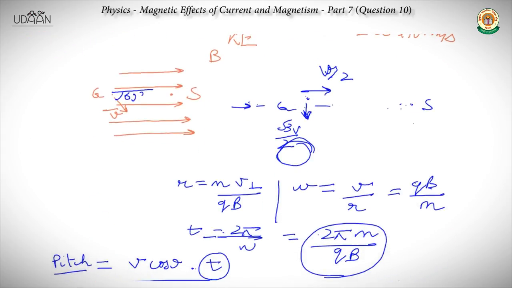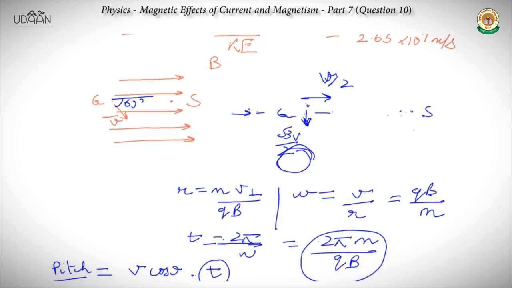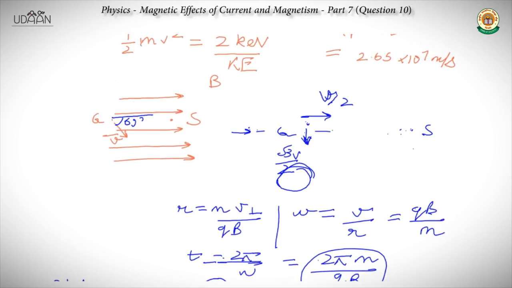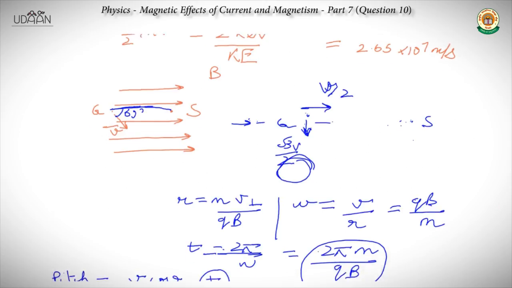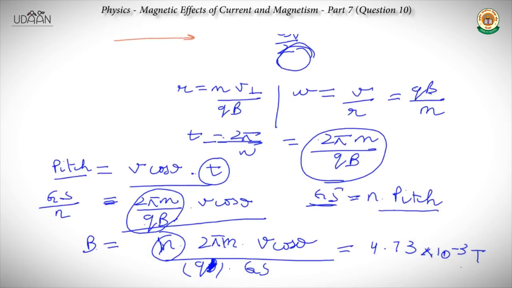Then we note that because it is moving into the plane, when it reaches the line GS, only then can it strike S. That happens whenever it completes a pitch. So we find the pitch and equate it with GS, and in that case we get the minimum value of B. So that was question number 10 for us, and we get the final answer as 4.73 into 10 to the power of minus 3 Tesla.